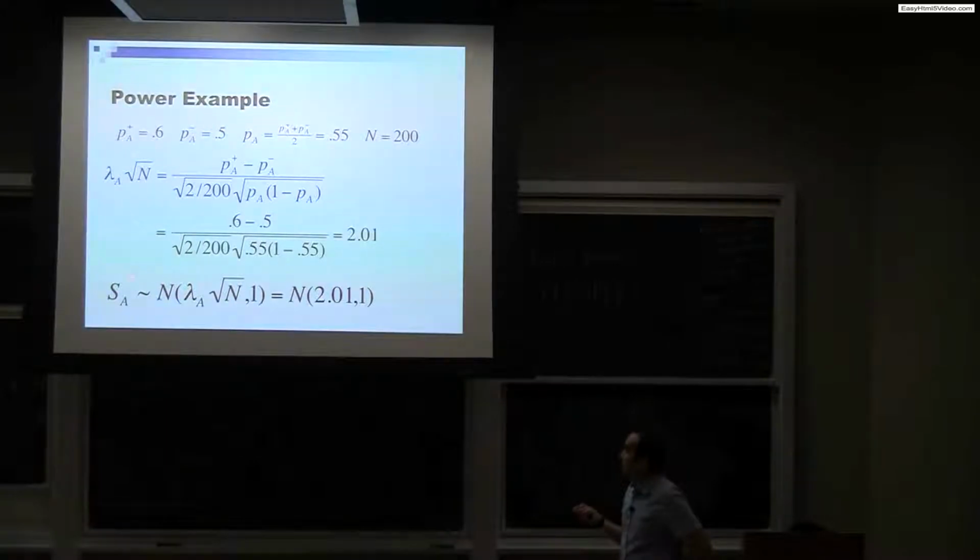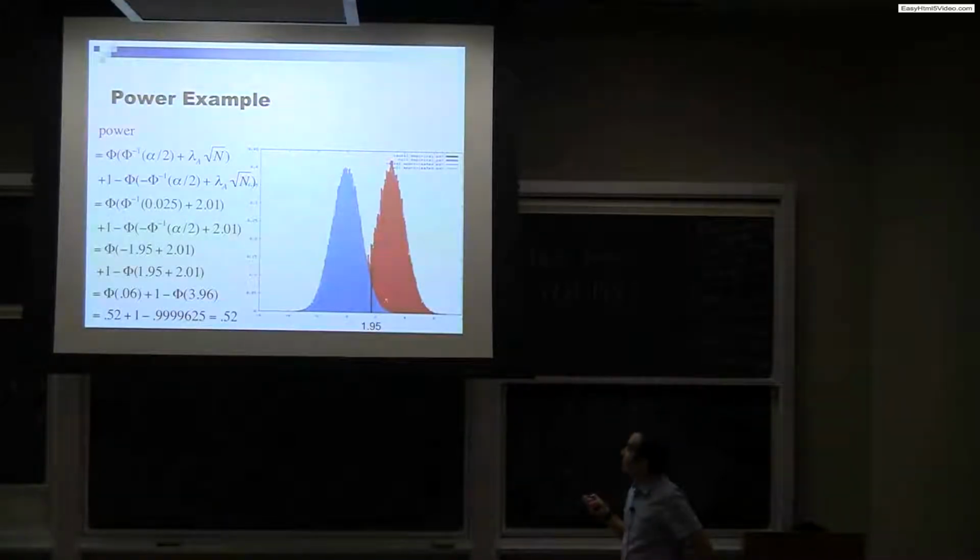And so our statistic is going to follow this distribution. I just plugged all this in. This is what my lambda is. So this means that my statistic is going to basically follow this distribution. This is my threshold, 0.95. And this is actually the formula that you use to compute power. But all it is is computing the area of this red curve over here.